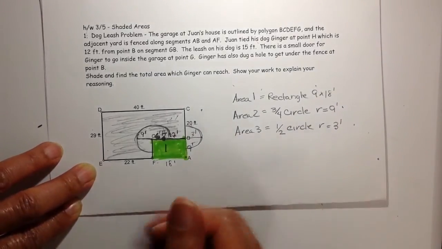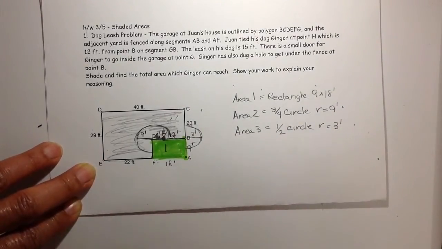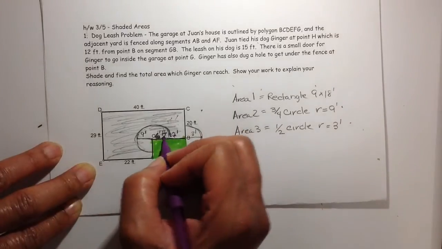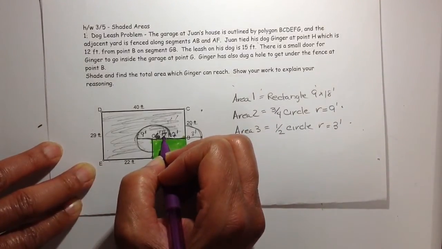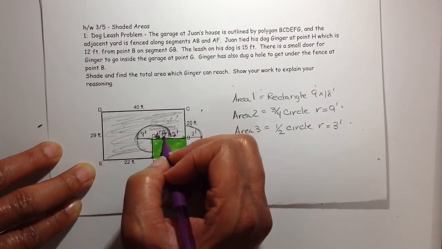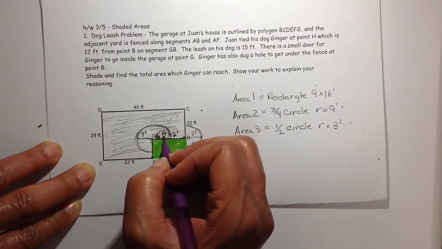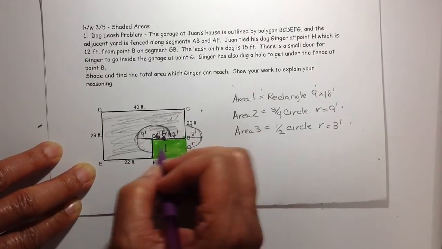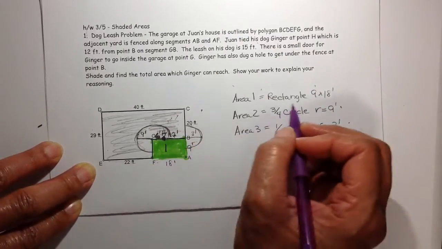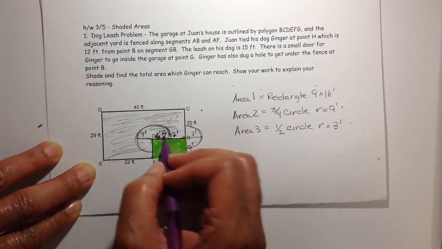Okay? So let's just walk through our logic one more time. The dog is here at H on a 15-foot leash. The dog is tied to the outside of the garage. So he can definitely cover this whole area 1, this rectangle outside.